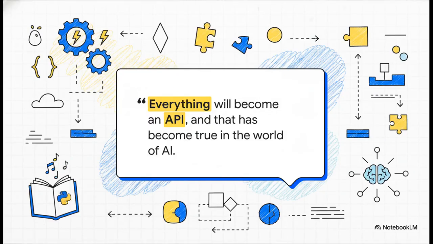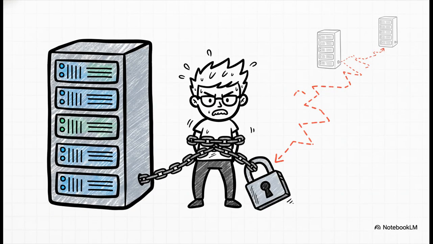And this all points to a really fundamental truth about modern software. There was this prediction years ago that everything would eventually become an API. And wow, in the world of AI, that has absolutely come true. APIs are the glue. They're the universal language that connects every single piece of this complex puzzle. But here's the catch. When you rely so heavily on this massive infrastructure from one company, a huge problem creeps in.